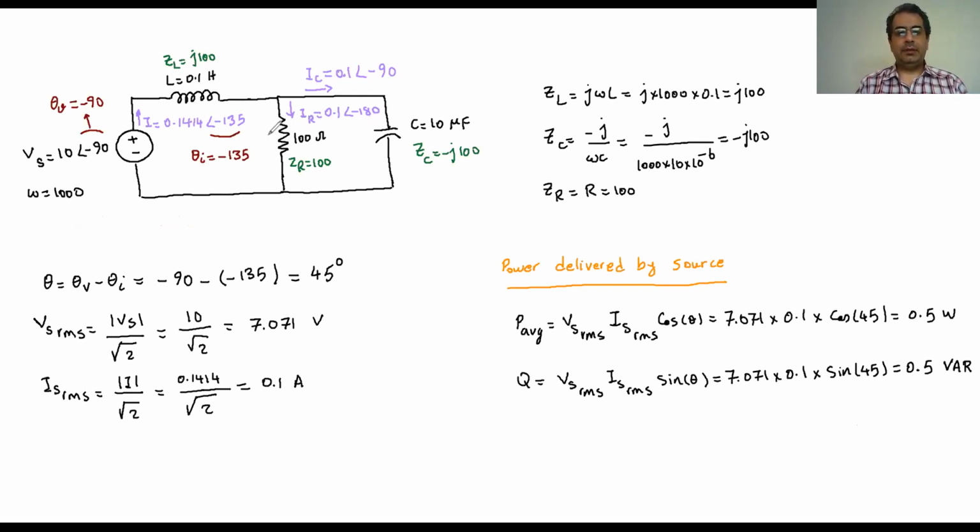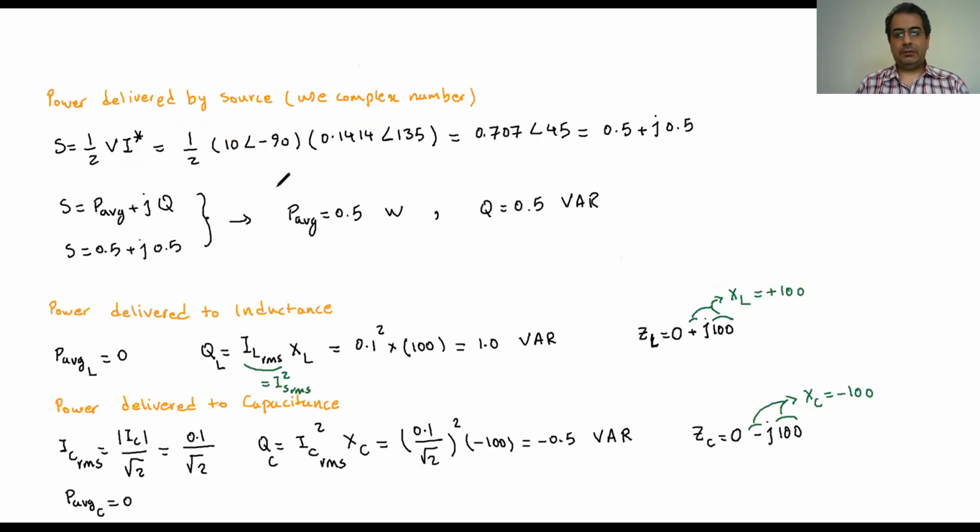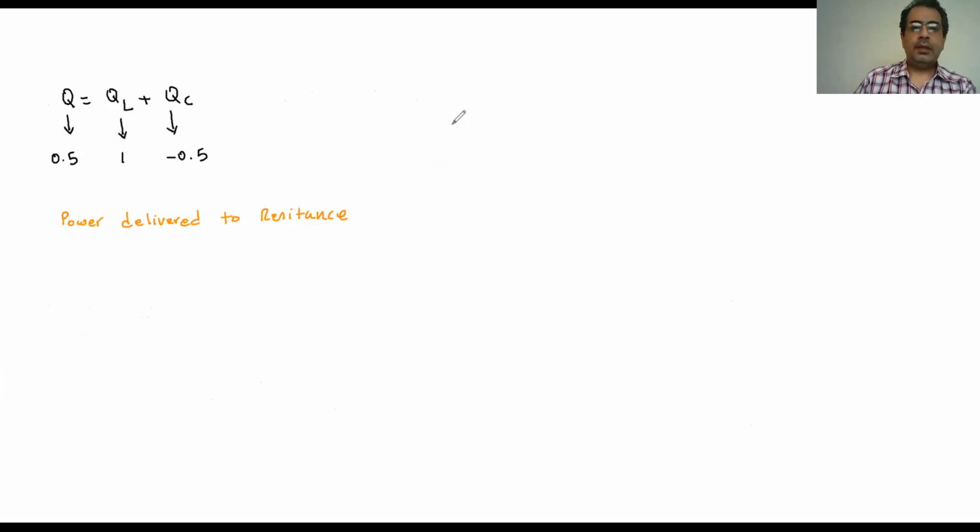So without calculation, I can say that whatever average power the source provided is consumed by the resistance. The power provided to the resistance should be 0.5 watts, because these two are 0. But I can go ahead and calculate it to make sure that it's right.